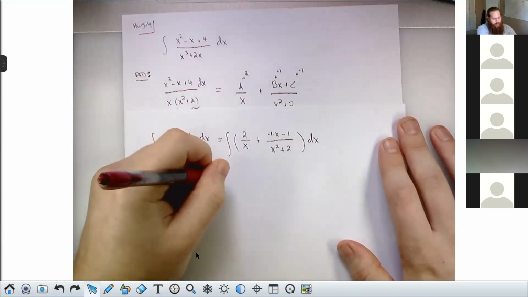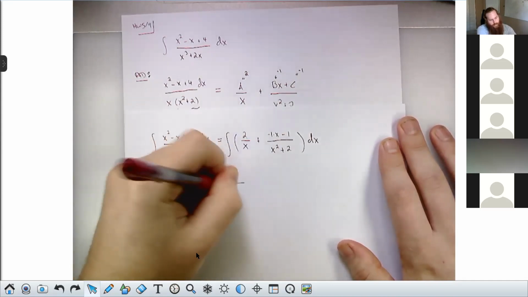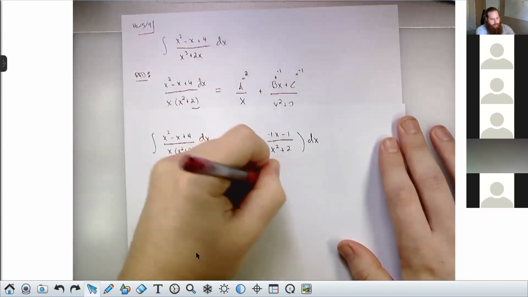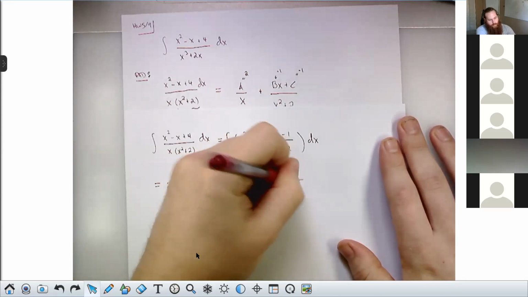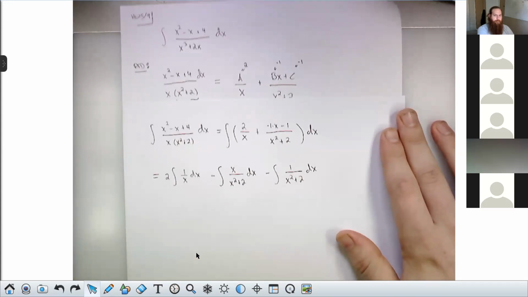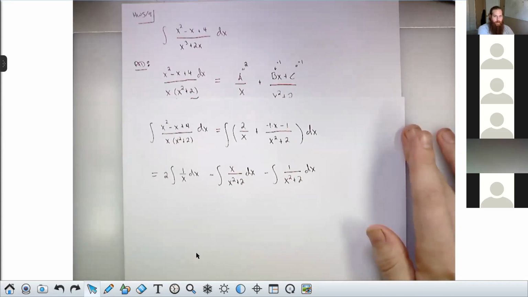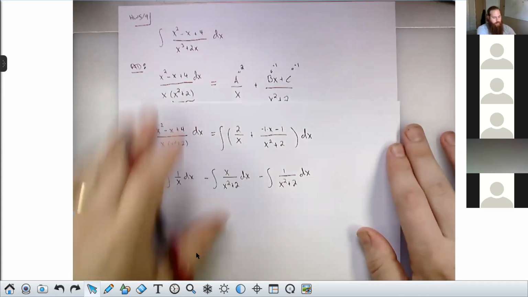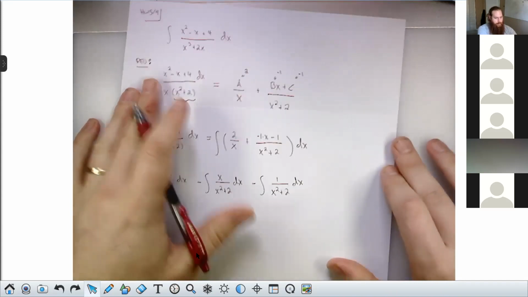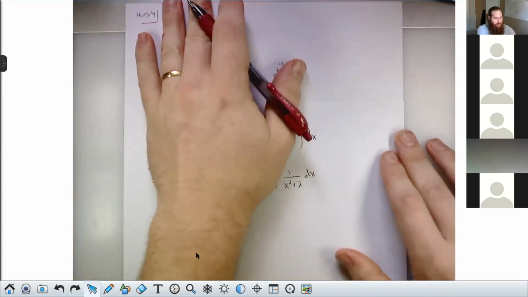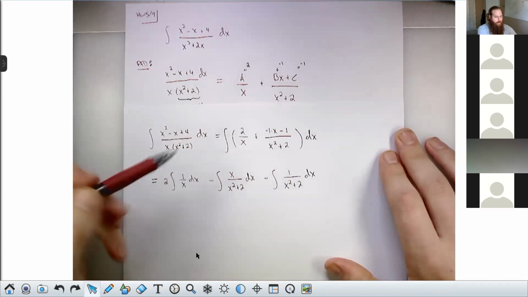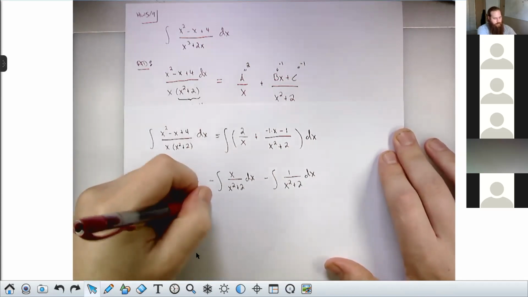So this will be minus integral x over x squared plus 2 dx minus integral 1 over x squared plus 2 dx. And if you have done the thing that I said you should do at the end of our last class, namely prove that arctan formula, you don't need to do any work here. This is trivial. This requires a little substitution.